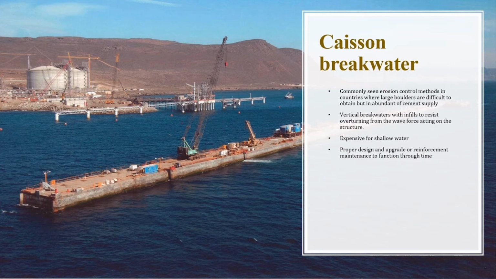The vertical breakwater needs to be properly designed and upgraded with reinforcement and maintenance to function through time. The construction is complicated and needs special skills and equipment. Due to its stochastic properties in loads and resistance, comprehending the failure phenomena of the vertical breakwater is also complicated.